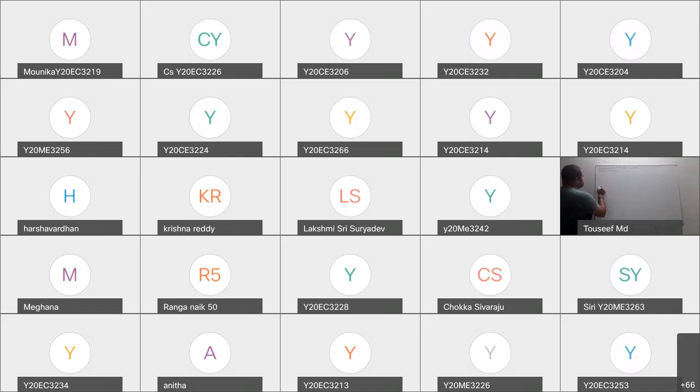So for example, let us consider my triangular plane surface, which is inclined some 30 degrees to HP. This was one of the edges, and this was my triangle.